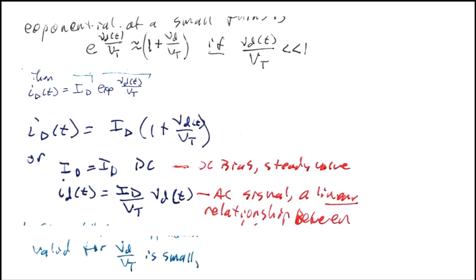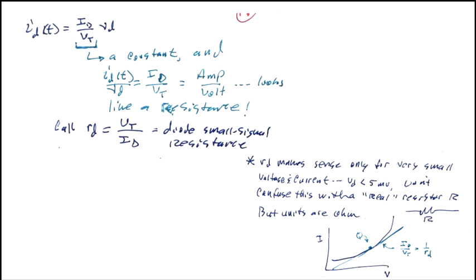And if you look at just that small signal part, little i, little d, as a function of t, it's big I_D over big V_T times little v_d of t. Those are both constants. The DC current, I_D, divided by a thermal voltage is a constant. And that's amps per volt, which is an inverse of a resistance, right?